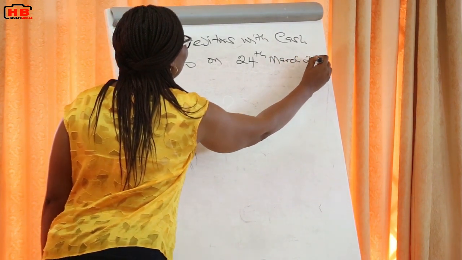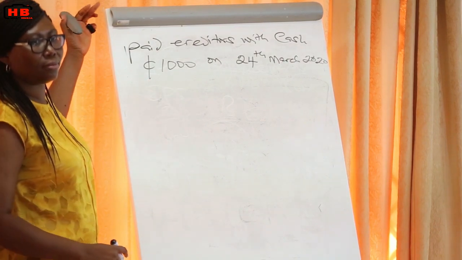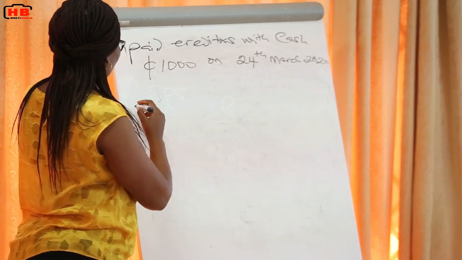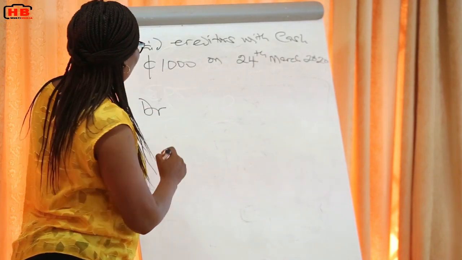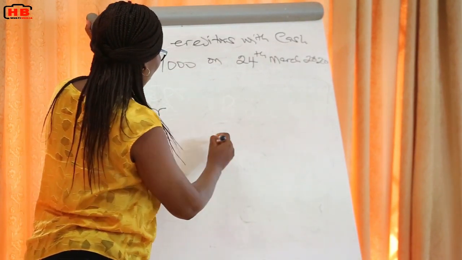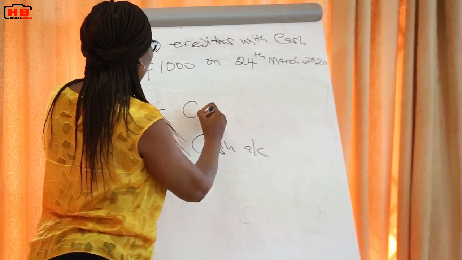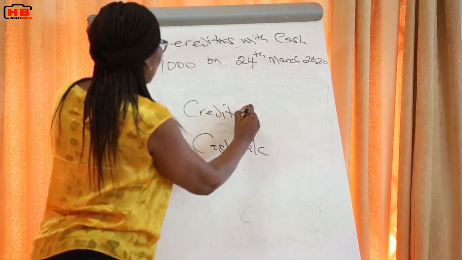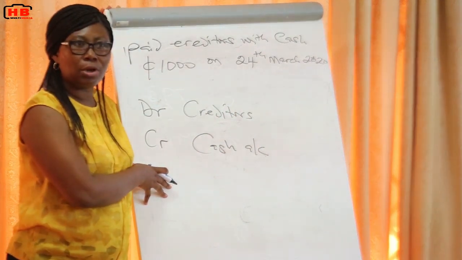So what will be the double entry? We credit our cash account and we debit our creditors account. This would have been our normal entry. Are we okay?